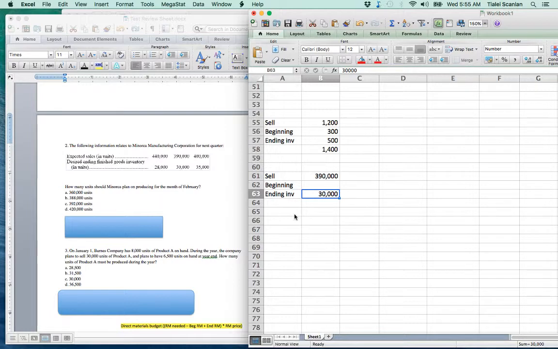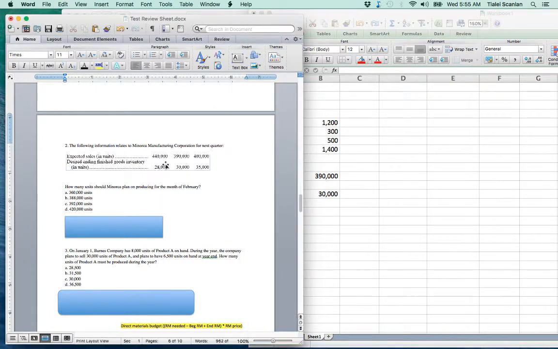But how do I find the beginning? The ending inventory of January: at January 31st at 11:59 p.m. they have 28,000 units already in ending inventory. Automatically this becomes the beginning of February.